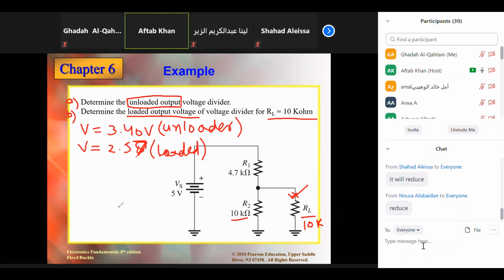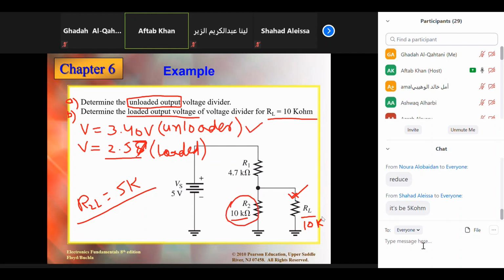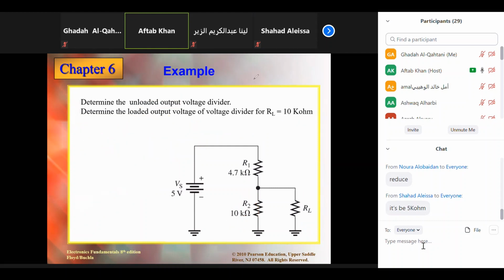When you calculate R2L, it was 5K, so it reduced. When it reduced, this will also reduce the voltage here. This is the effect. The unloaded voltage is larger because at that time we considered only 10K. But when we connect one more, it reduces. This is the reason. This is the type of question for loaded and unloaded. So this is the answer for that.